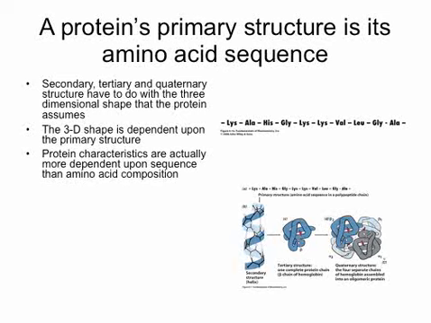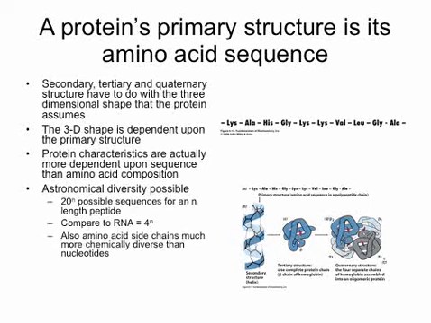If I take that same pool of amino acids and made a protein of identical composition, but in a different sequence, in all likelihood, those proteins would be completely different in properties, completely different in the structure that they would fold into, and therefore completely different in function. So it's the sequence that is the most important thing in determining this overall three-dimensional structure and therefore the properties of the particular protein.